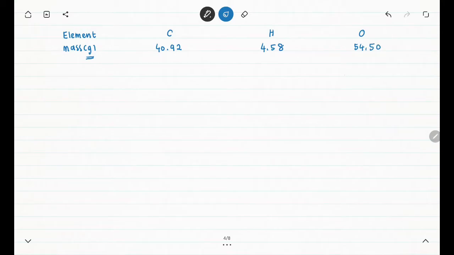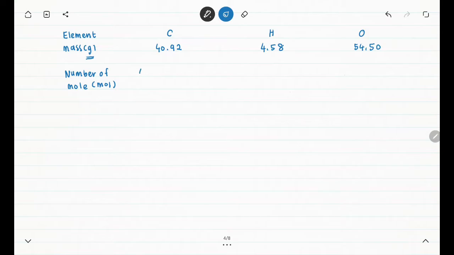Okay, after that what we need to do is to calculate the number of mole of each element. Unit mole, don't forget to put the unit there. So how to calculate number of mole from mass? We know the formula: mass over molar mass.